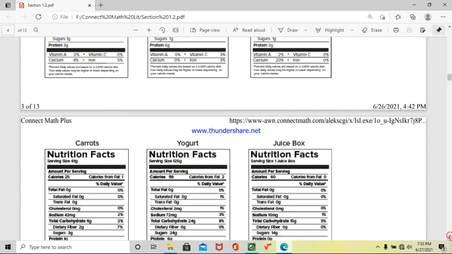Only half serving of carrots, so will be 0.5, right? So it'll be 0.5. And we have 1 serving of yogurt, so will be 2. Right? And we have no calorie here from fat, so will be 0.